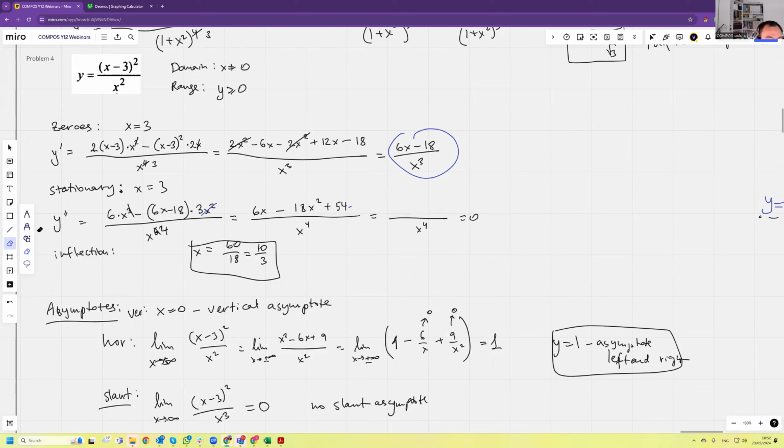Right. So that's 54 plus 6x minus 18x squared. Eighteen x.